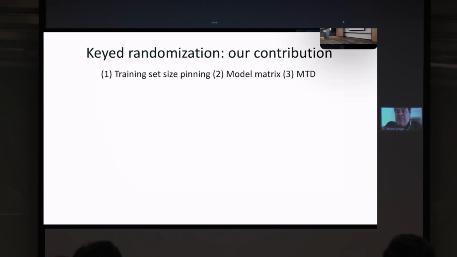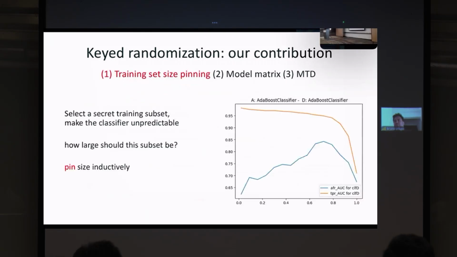The first one is this training set size pinning. Essentially, we use ensemble learning, and for each of the classifiers we want to set the optimal training set size. Optimal in which respect?